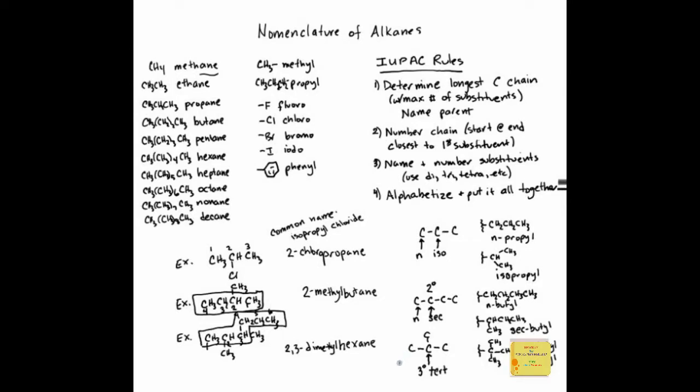And then the last possible arrangement for 4 carbons is if we attached over here. And this one is known as the isobutyl. And so what does that look like? It has a CH2, it has a CH2, and then we have this isopropyl group. So isobutyl is kind of like an isopropyl with an extra carbon.